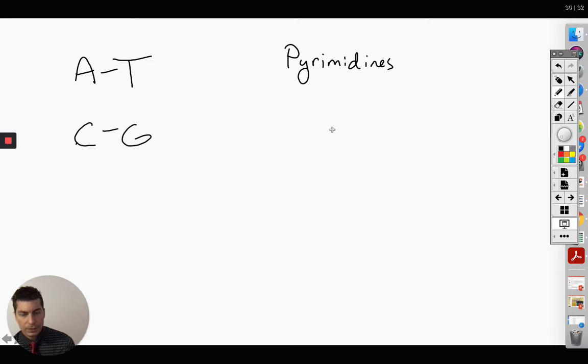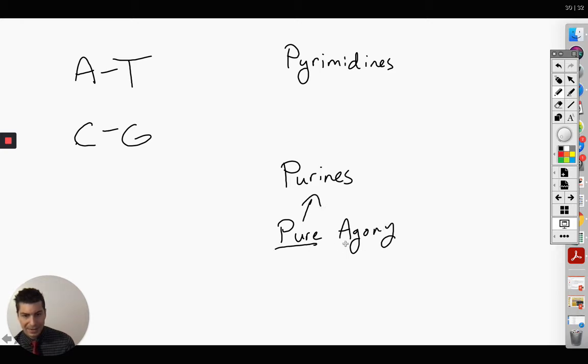Okay, so there are also 2 terms for our different nucleotides. We have pyrimidines and we have purines. How I remember this, guys, is pure agony. Agony begins with AG, so your purines are adenine and guanine.